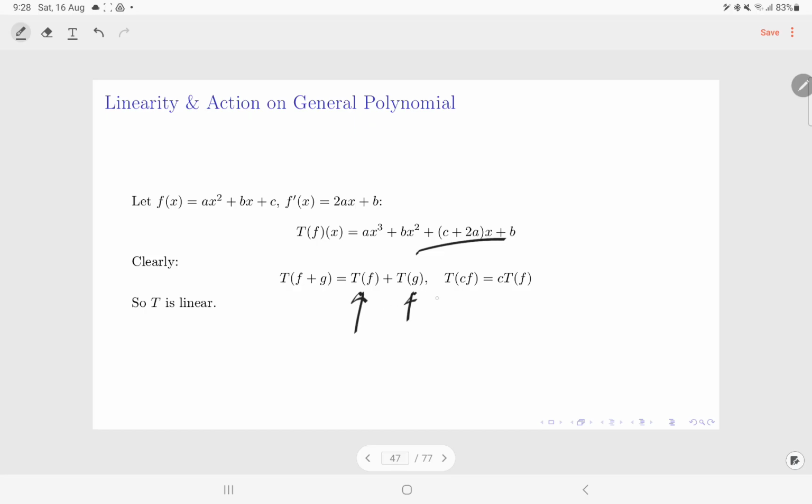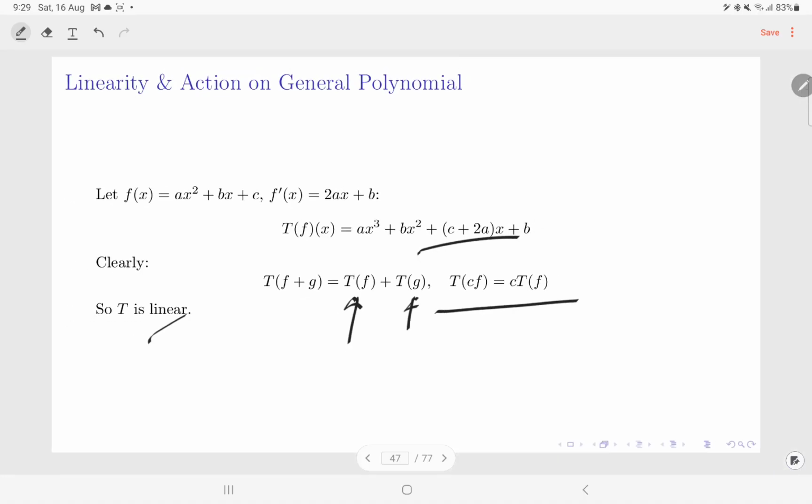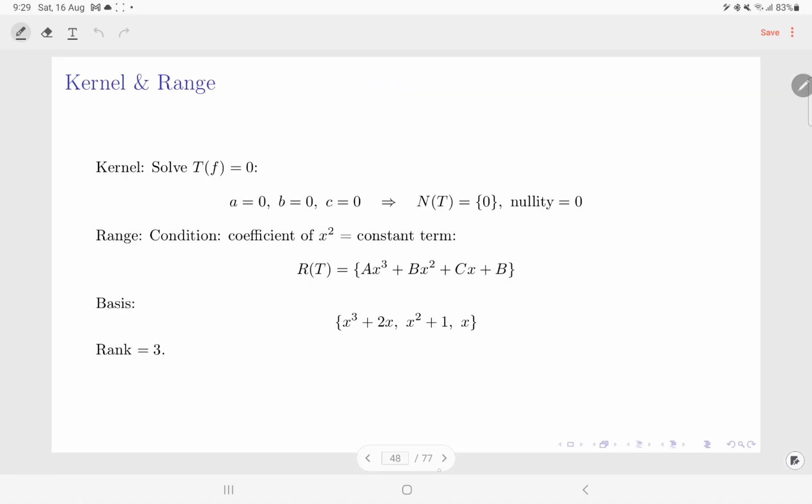Let's say f and g are from the given polynomials, and now you can show these two properties. If these are satisfied, then this will be linear, otherwise not. I hope by now you are able to show this. What about the range and kernel of T? Just quickly go over it.